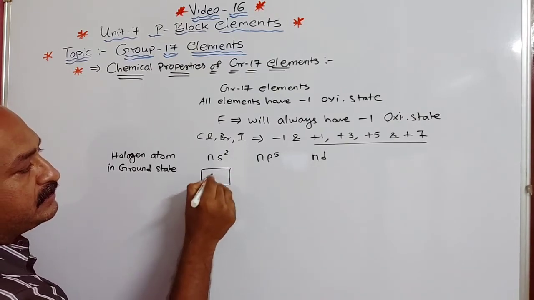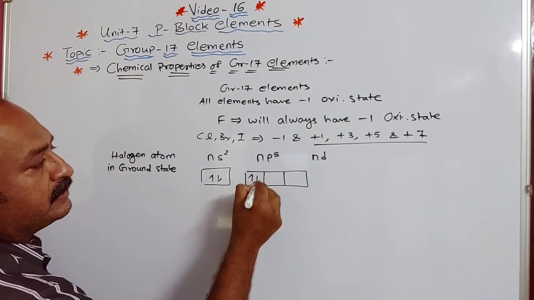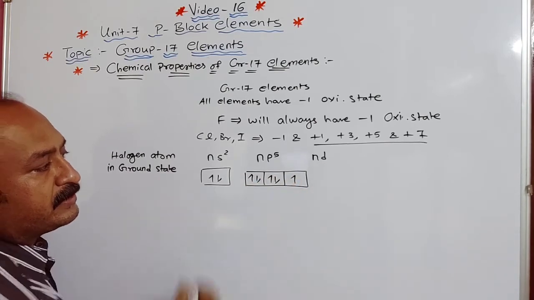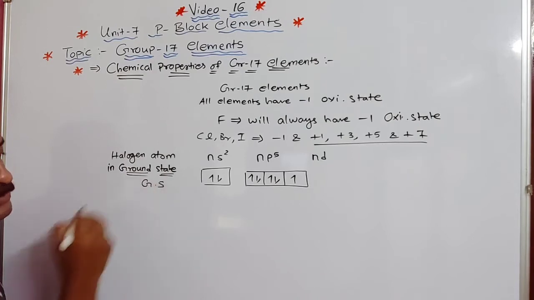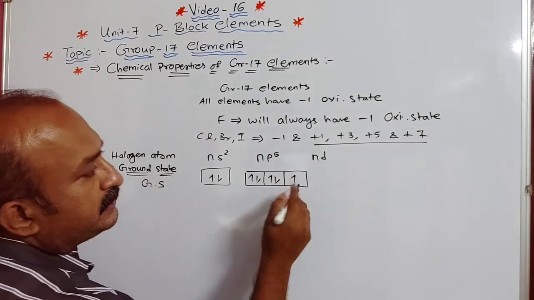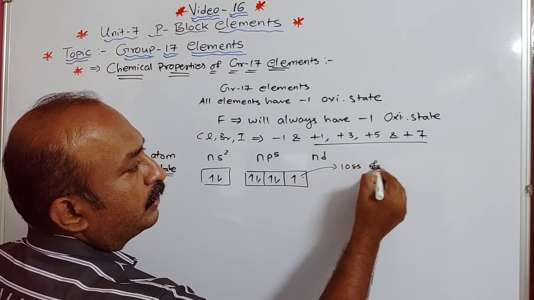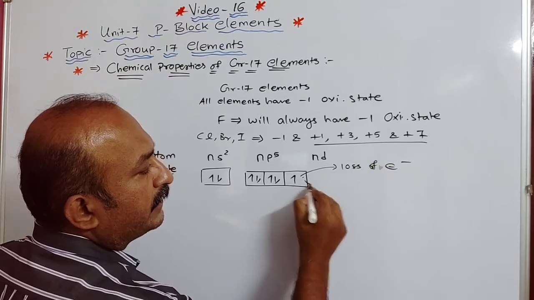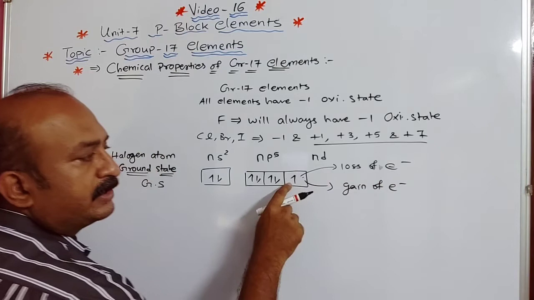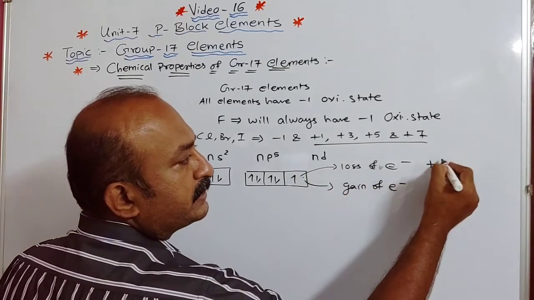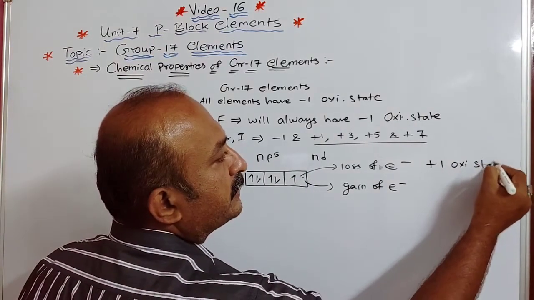When I write this in the orbital, you will see electrons arranged in this manner. In ground state, what will happen? You will see that either there will be a loss of electron or a gain of electron. If it loses an electron, +1 oxidation state will be there.